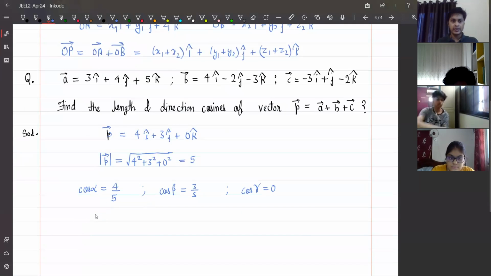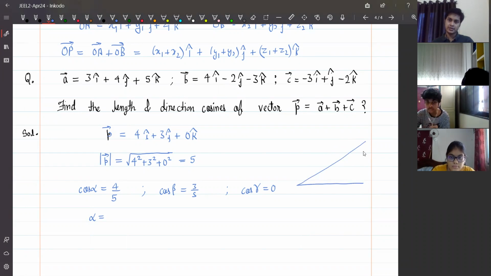So can I write the value of alpha here? See how I think, even if I don't remember the triangle. I will first draw the triangle and I have cos alpha as 4 by 5, so I'll draw the base larger and the perpendicular smaller.